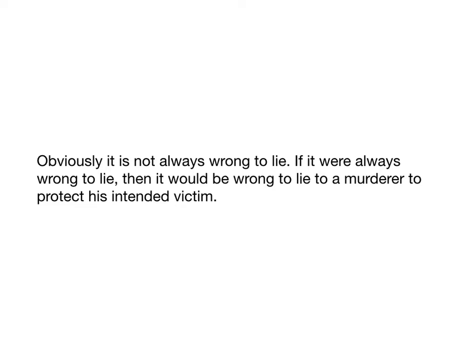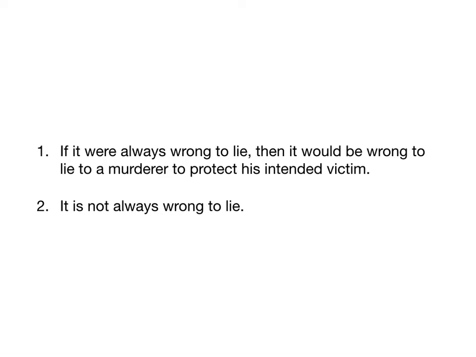But look what the argument says. We've got two statements. Obviously, it's not always wrong to lie. If it were always wrong to lie, then it would be wrong to lie to a murderer to protect his intended victim. Now look, when we put this in premise and conclusion form, hopefully you guys can get a sense that there's a gap here, right?